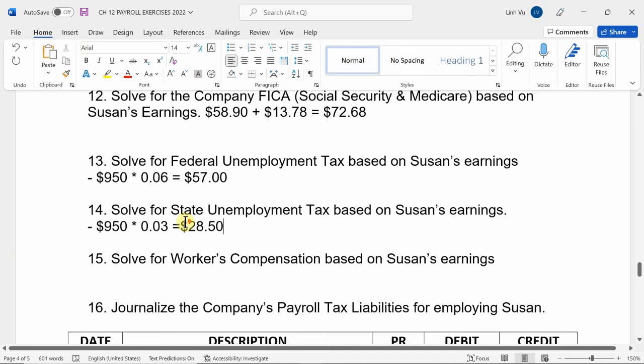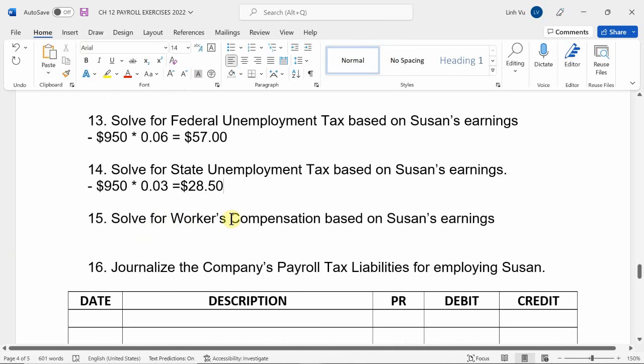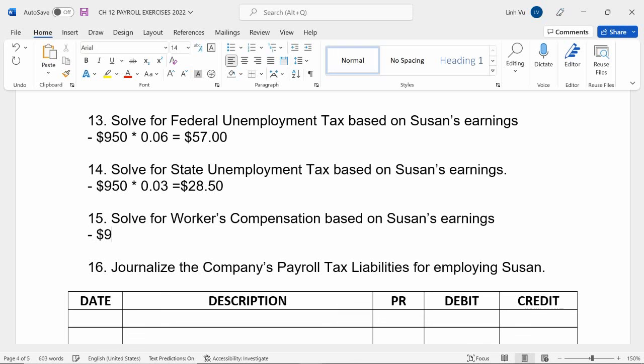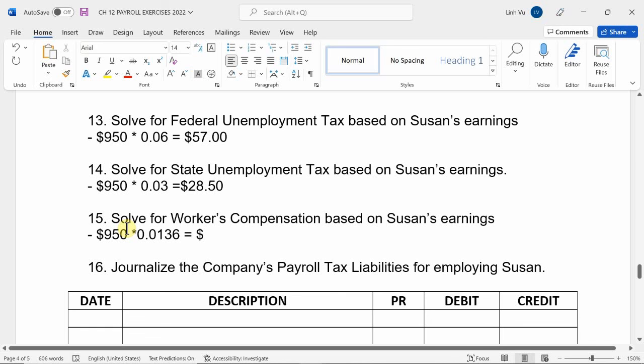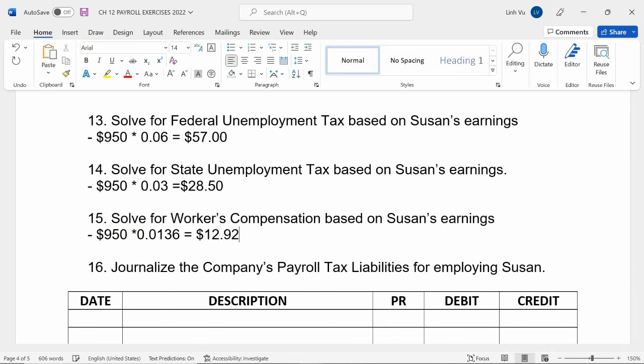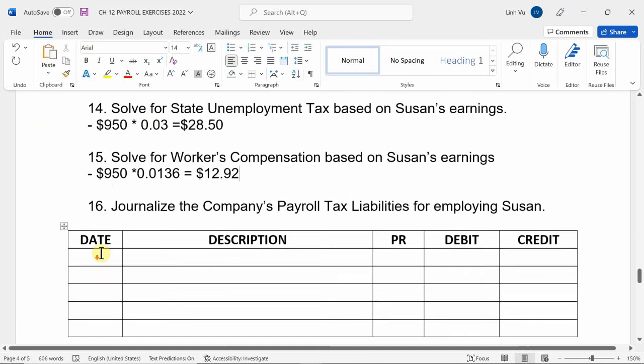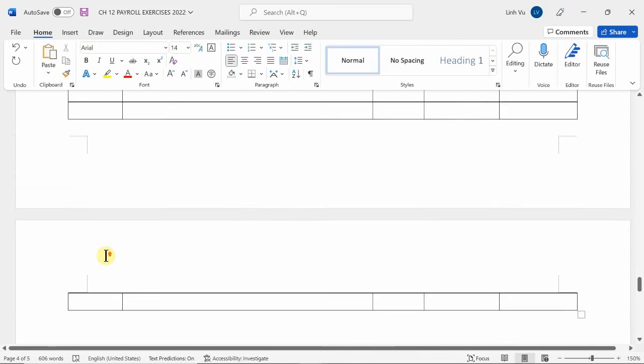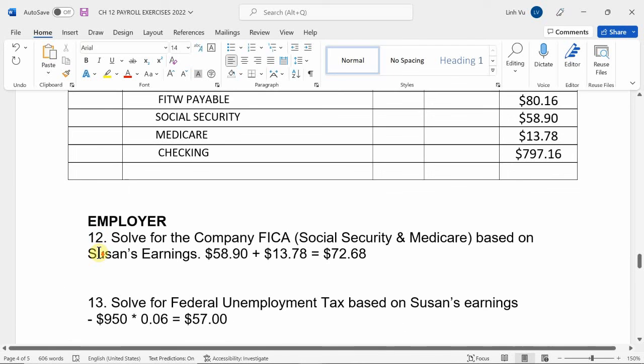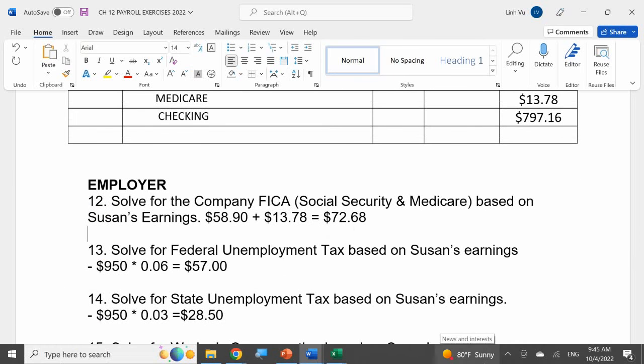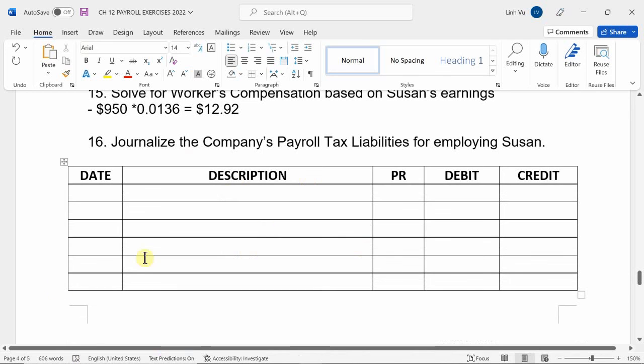Then workers' compensation: 950 times 1.36% gives you 12.92. So how much taxes do we pay for having Susan as an employee?